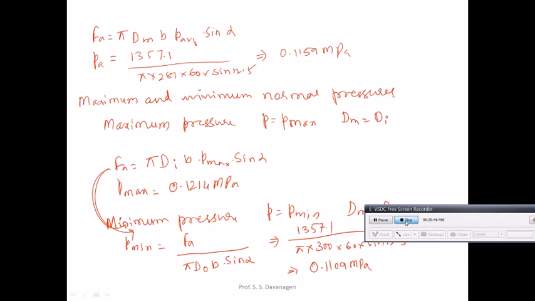P minimum equal to Fa divided by pi Do b sine alpha. Fa is 1357.1, pi, Do is 300, b is 60, into sine 12.5. So we will get the minimum pressure as 0.1109 megapascal. I think this completes the requirements.